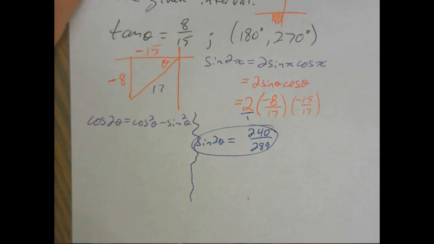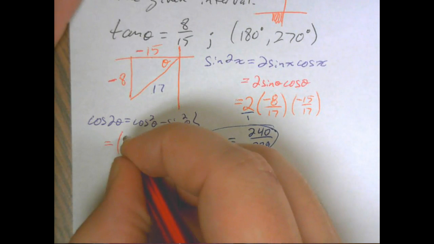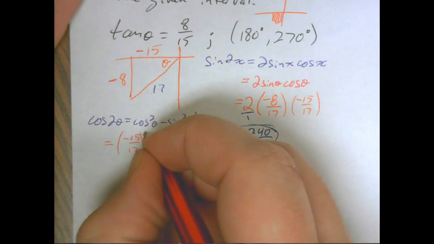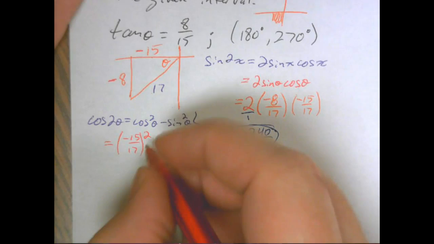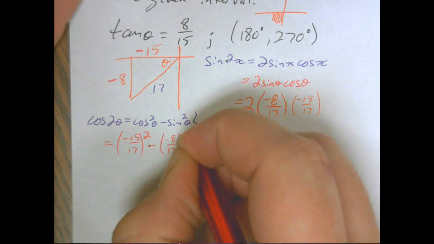Okay, and then cosine squared. Cosine is still negative 15 over 17. Since my cosine is squared, my answer will also be squared. Minus sine squared is negative 8 over 17 squared.